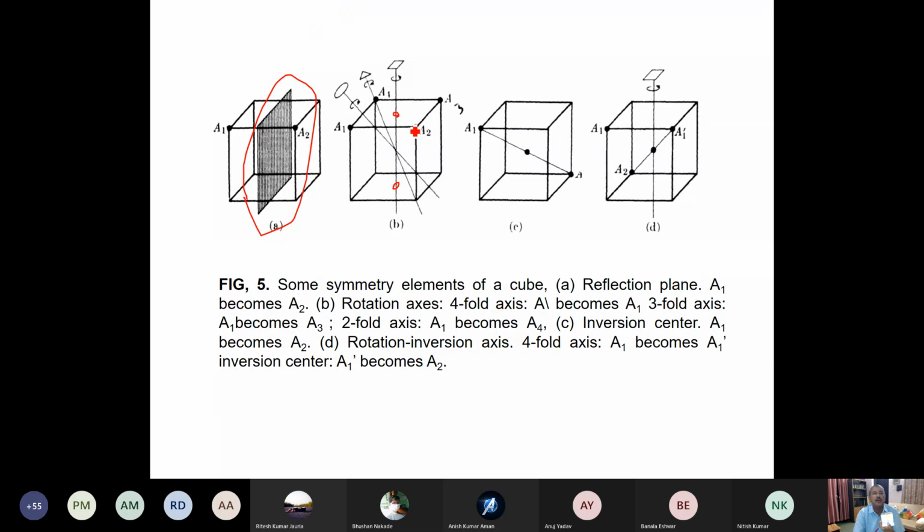This is the one along the body diagonal. See, if I rotate by 120 degree 3 times, I get the sticker back. 120, another 120, third 120. You got the sticker back. So it's a threefold rotational axis.